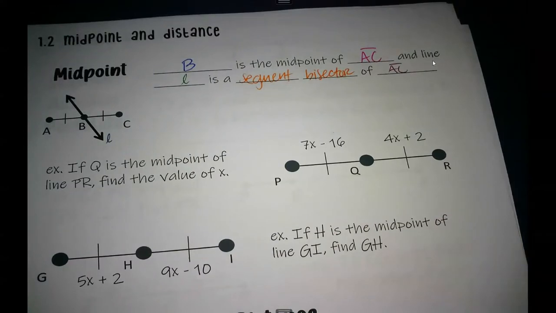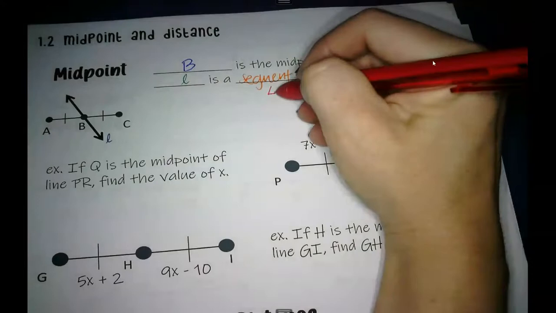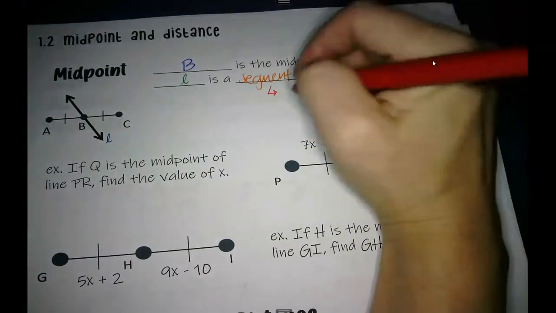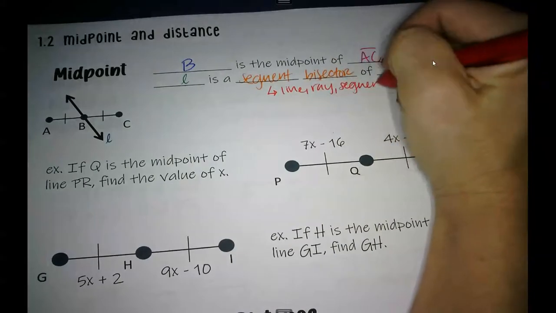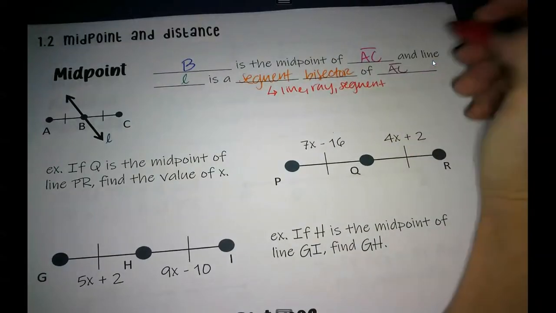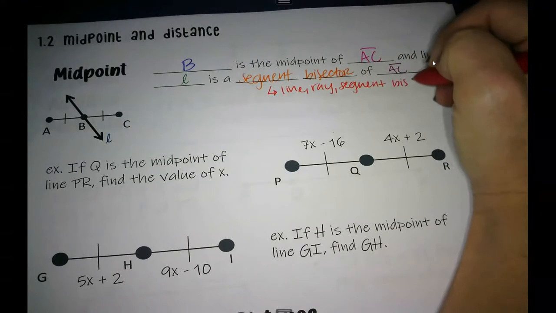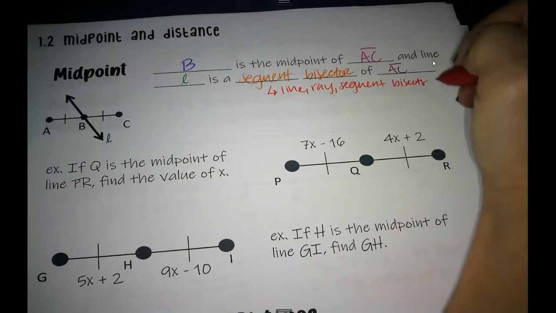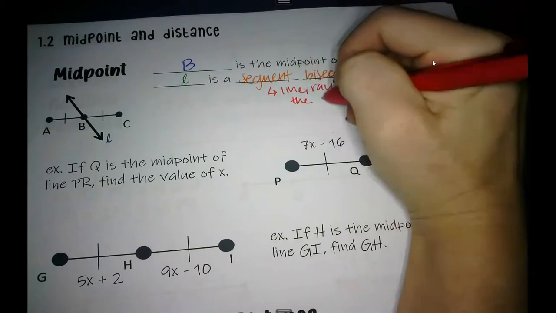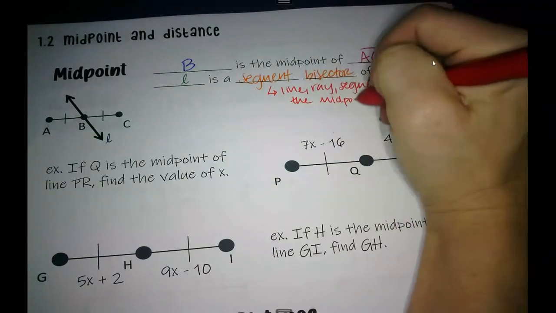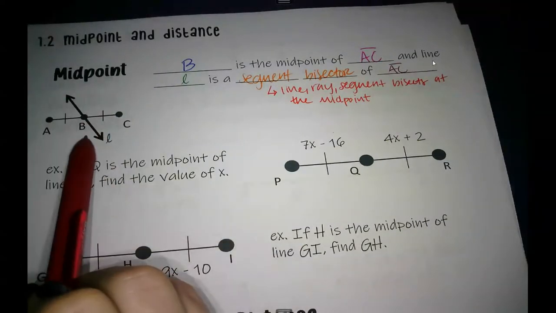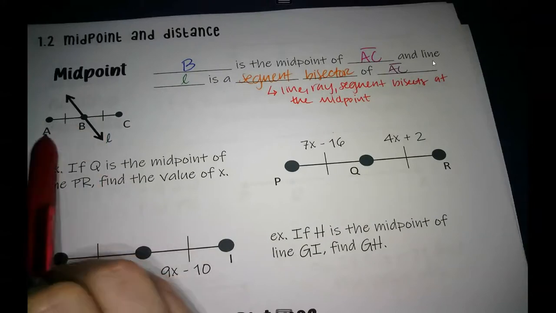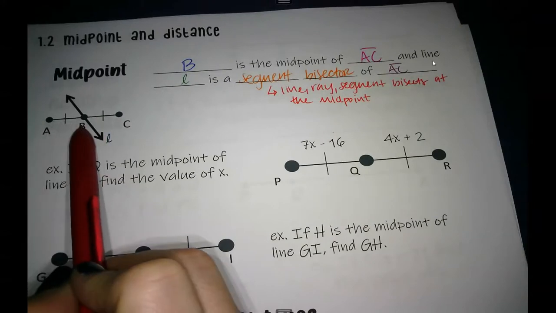All right, what is a segment bisector? That's just a term for a line, ray, or segment that hits, or bisects, at the midpoint. So when you see in any kind of instruction that line L is the segment bisector of AC, that means that it hits right in that middle.